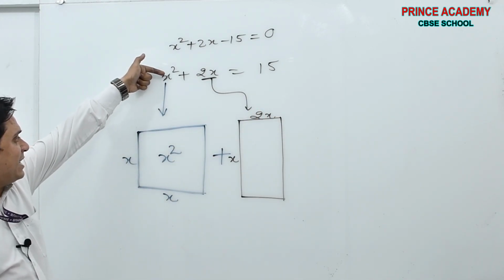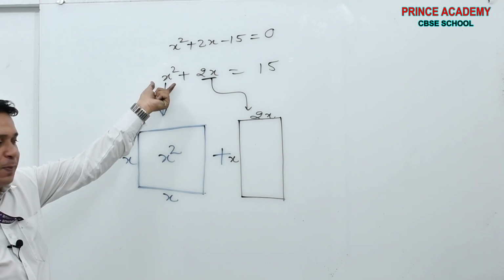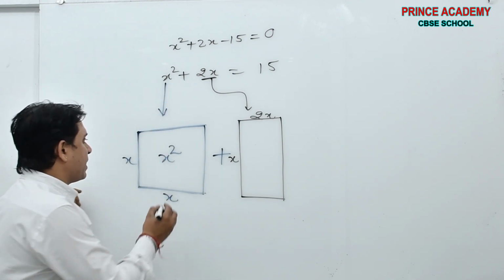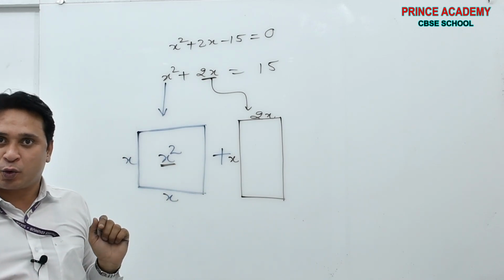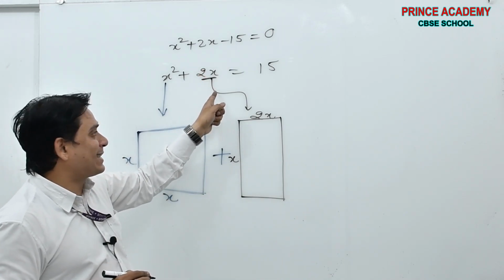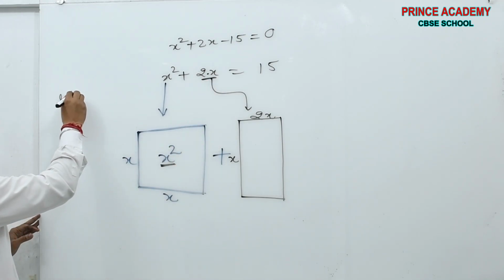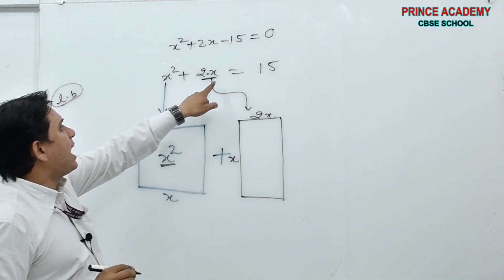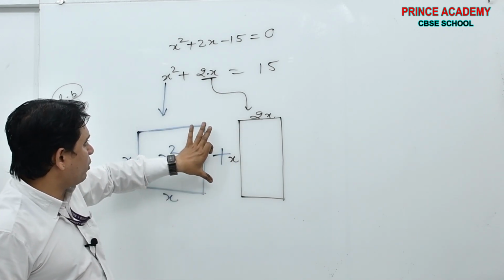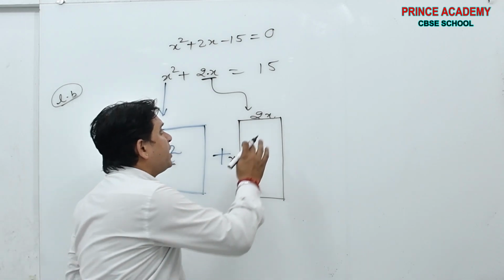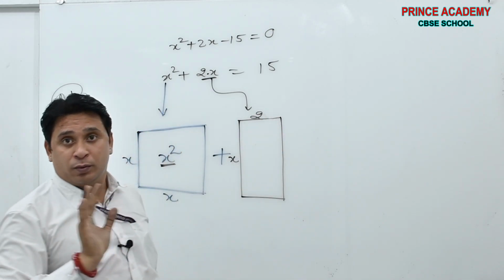See beta, this x square is represented by a square whose side is x, therefore the area became x square. And this 2x, see beta, 2 into x, area of rectangle is L into B. Okay, x is one side because it was x, therefore I took it like this, and it is 2. Sorry, it is 2 beta, not 2x, it is 2.